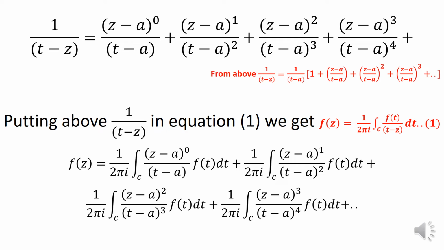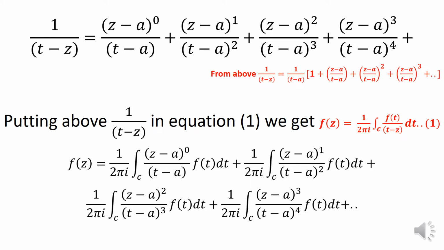Further, this relation, because we have already written it in the previous slide, the same thing I am changing now. Now you can take 1 by (t minus a) inside. What is (z minus a) to the power 0? It is 1. So in place of 1 I can write (z minus a) to the power 0.